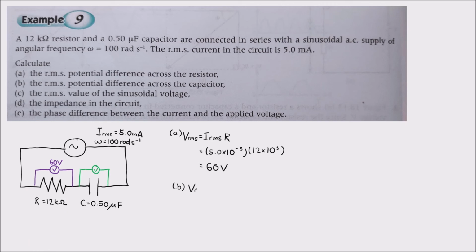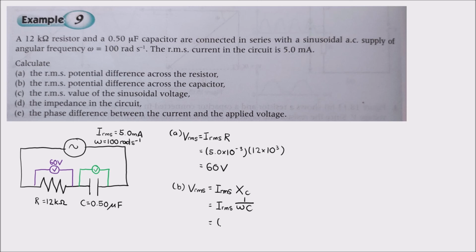Again, it's V RMS equals I RMS times, so what's the ratio between V RMS and I RMS for a capacitor? That's our capacitive reactance, XC. We know that capacitive reactance is equal to 1 over omega C. So knowing that, I think everything is here.